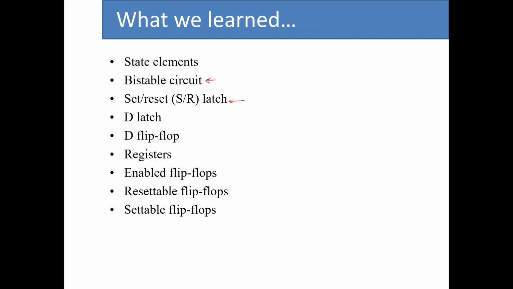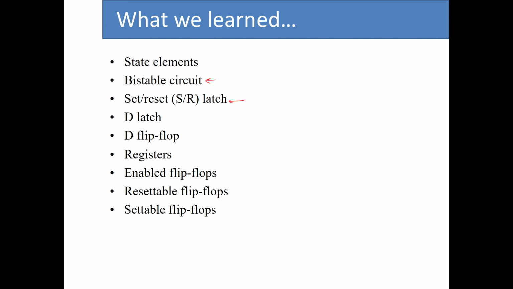So this is something that we didn't want. The other thing was that we were practically using both set and reset to either set or reset one single output Q, and that was too much. We could have done it much more efficiently.